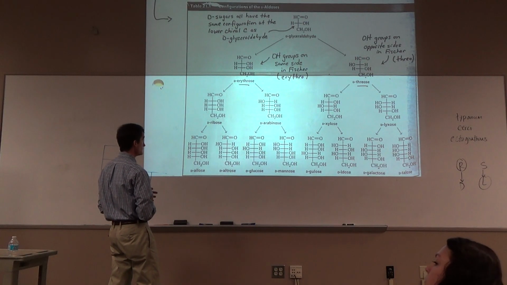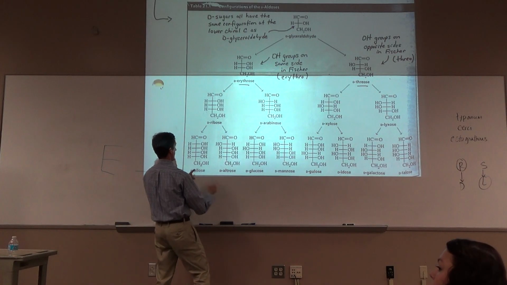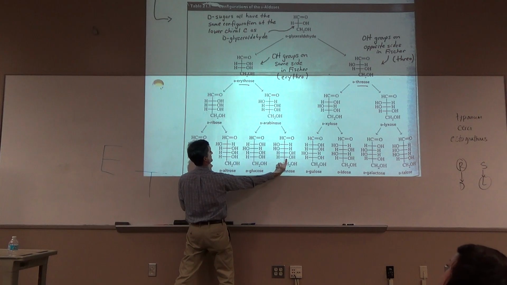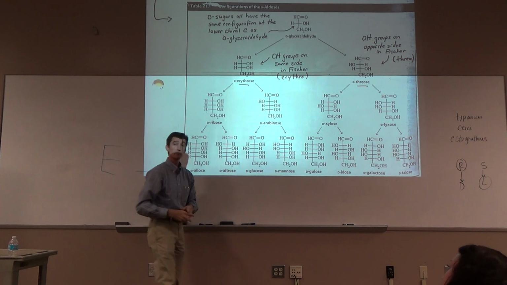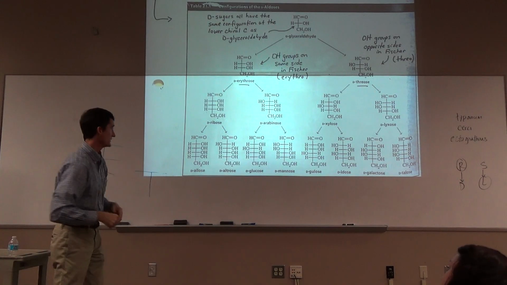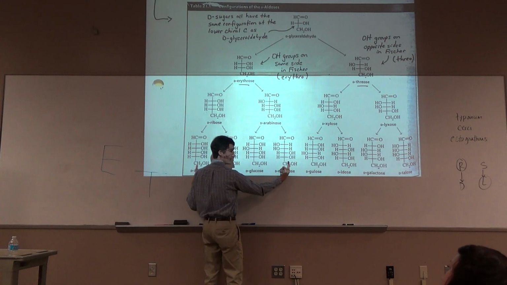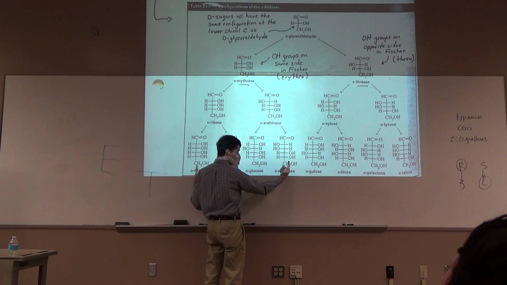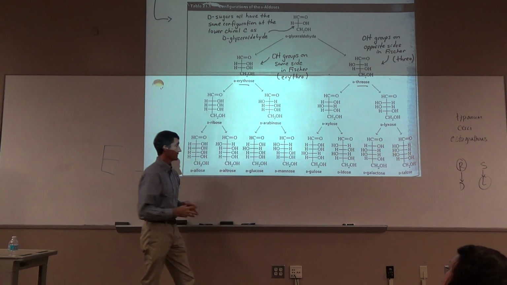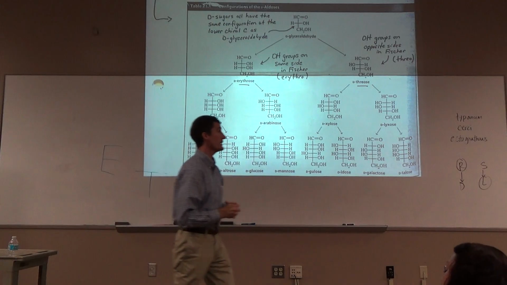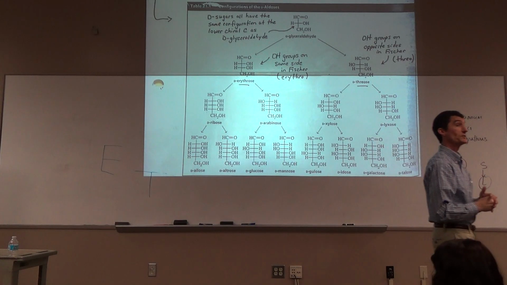Are these two epimers? No. How many things have been switched? So they're not epimers. Epimers are when only one thing has been switched. But these are diastereomers, right? Because they are stereoisomers, but they're not mirror images. So all epimers are diastereomers, but not all diastereomers are epimers.